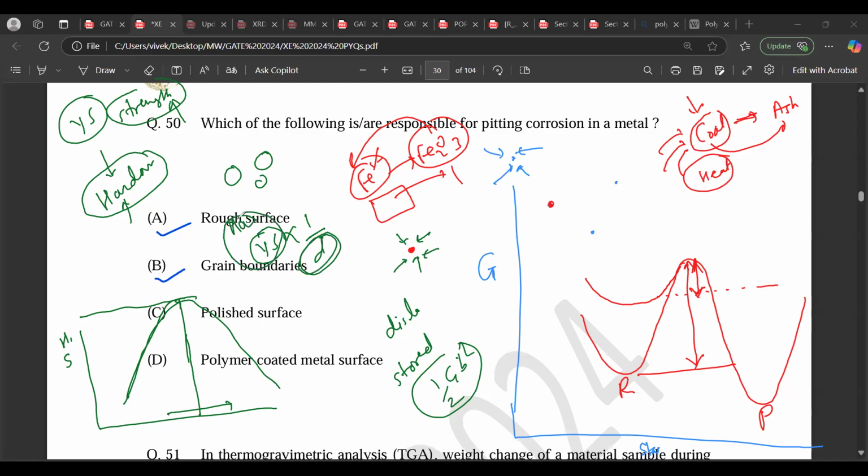So hardness and YS are very analogous, right? For example, the Brinell hardness number is 3.45 times UTS, if I'm not wrong. Yes, guys.